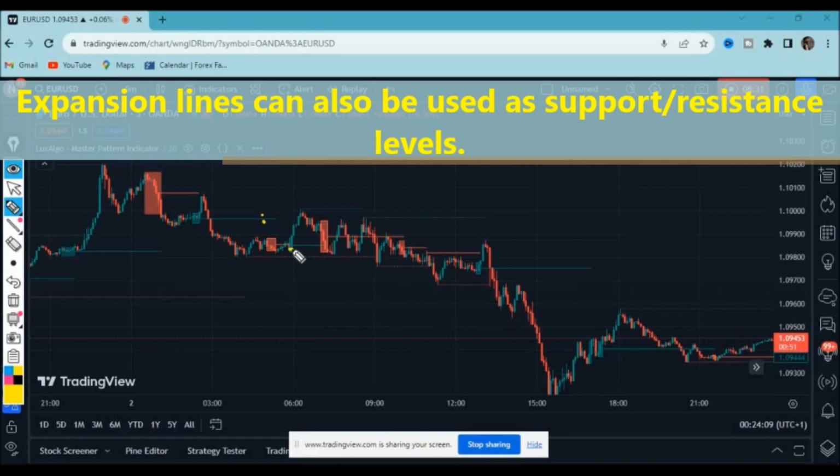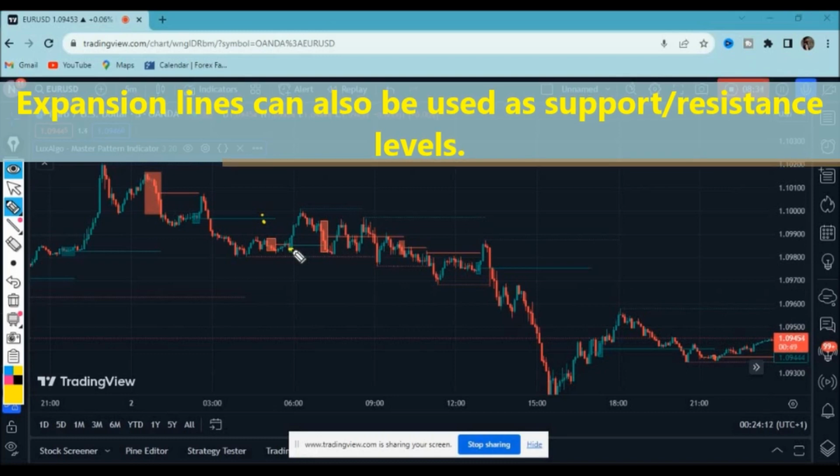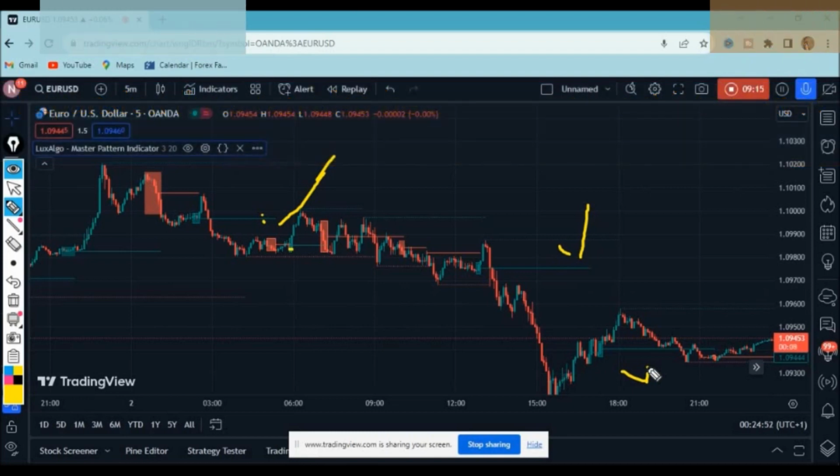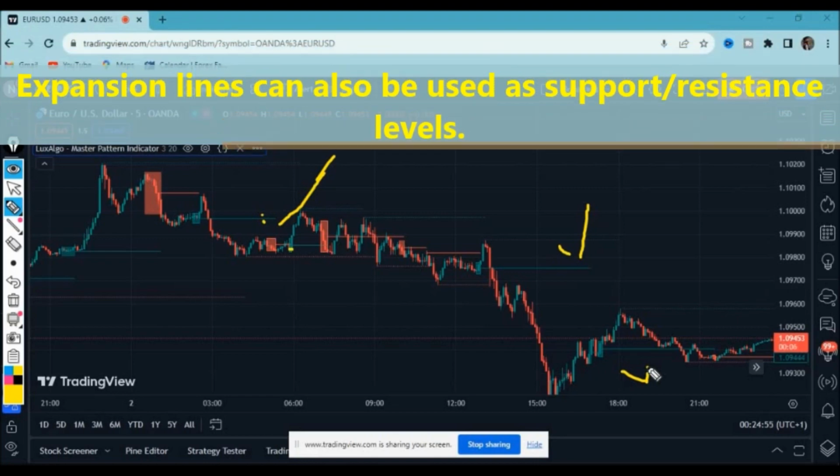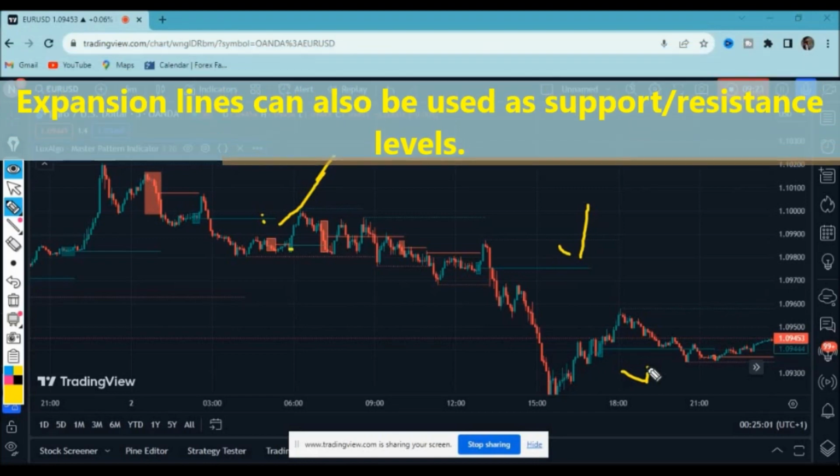Price tends to be stationary around the expansion level, and this is then often followed by price significantly deviating from the expansion line. The expansion lines are what you probably see in red, this one over here, and also in blue color. Those are expansion lines, and they can work as your support and resistance levels.